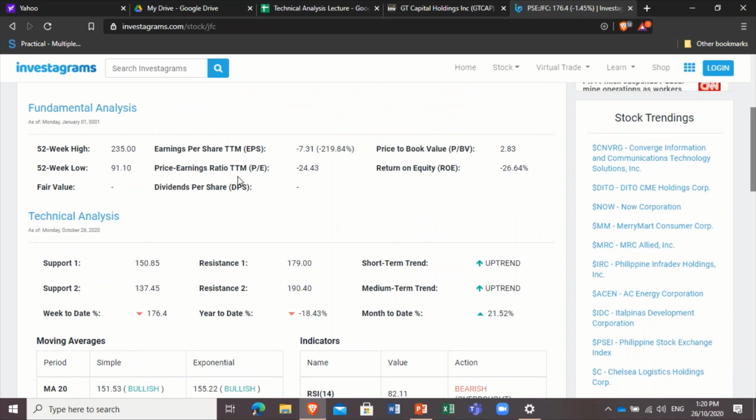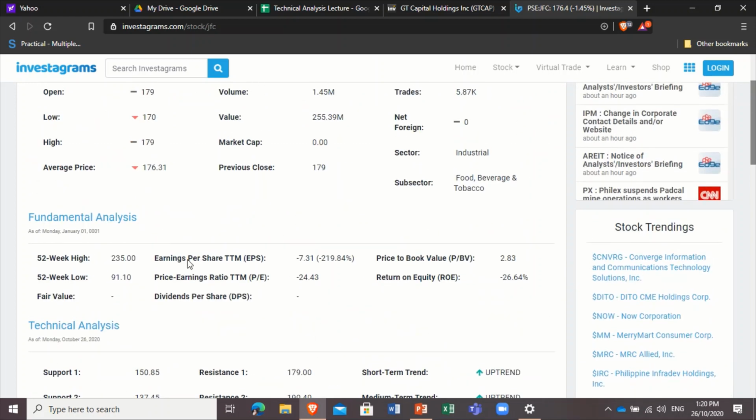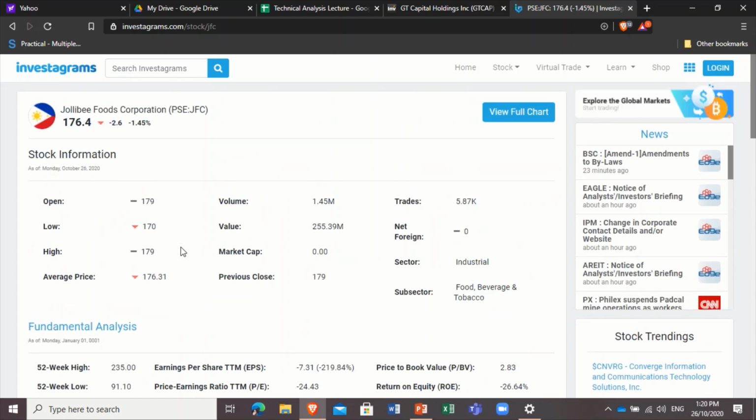And then all of these terminologies that you can see here, earnings per share, price to earning ratio, pag-uusapan natin yan on the next chapter. So for now, these are just simply prices that are recorded every single day, and how technical analysts make decisions based on these prices.